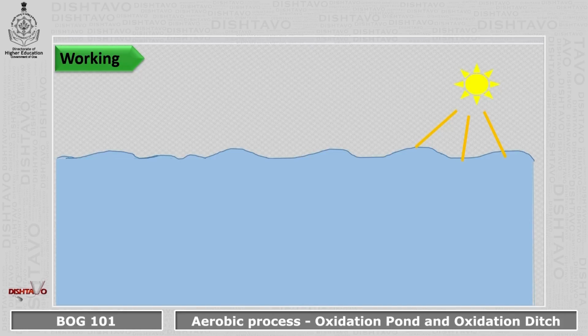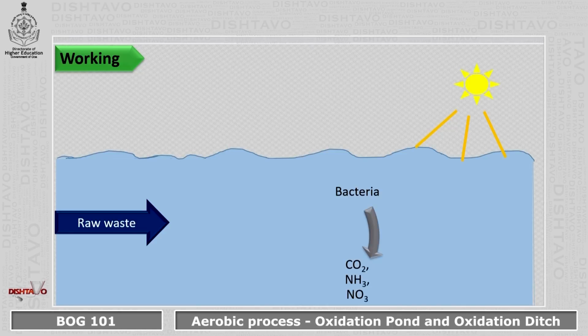The working. The raw wastewater will enter the oxidation pond. The bacteria present in the oxidation pond will act on the organic waste and convert it to carbon dioxide, ammonia, and nitrates. The algae will consume these products.